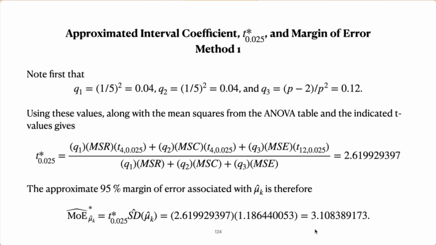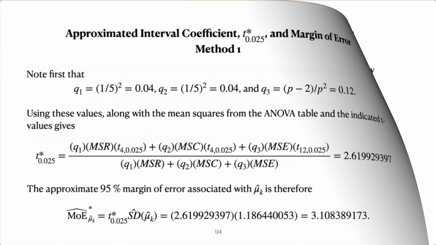And that approximate 95% margin of error turns out to be 3.108389173. And so then we can use that along with the point estimators of the individual treatment means to get the lower and upper endpoints for an approximate 95% confidence interval for each of the individual treatment means.